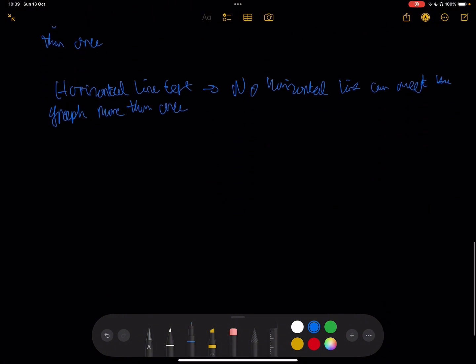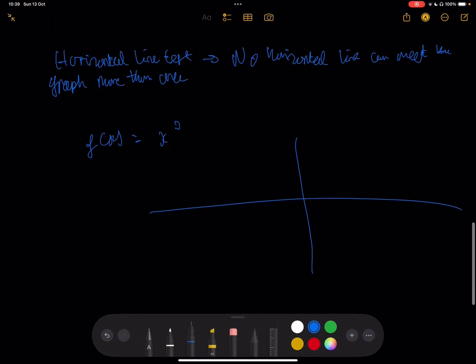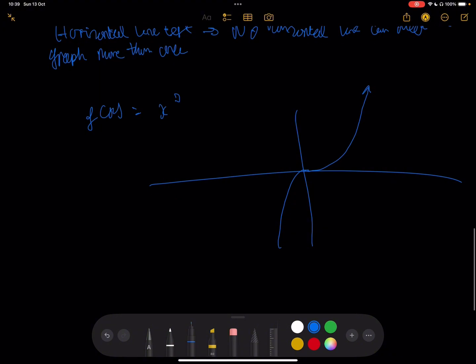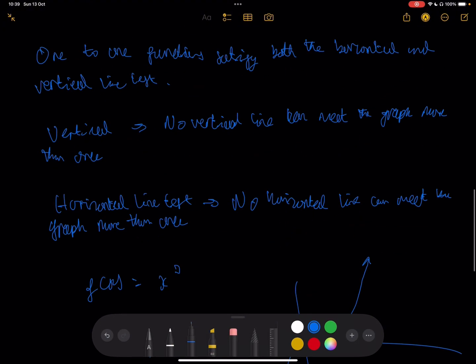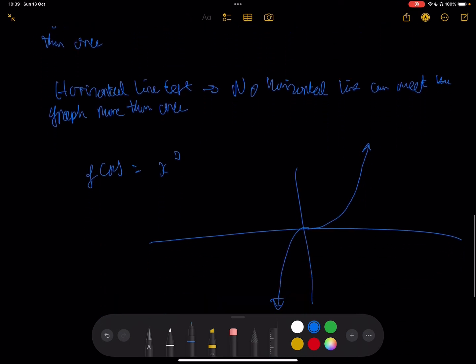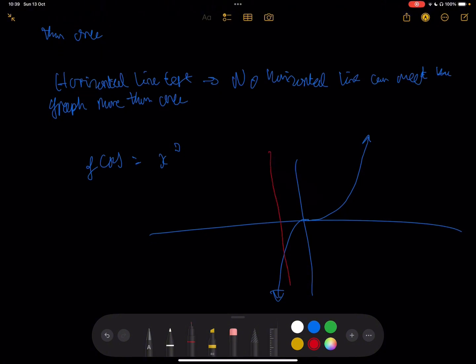Okay, so what would this look like? For example, if we had the function f of x is equal to x cubed, we can graph this function. We know that one-to-one functions satisfy both the horizontal and vertical line test, but how could we actually test this? For the vertical line test, we would draw a series of vertical lines across the graph.